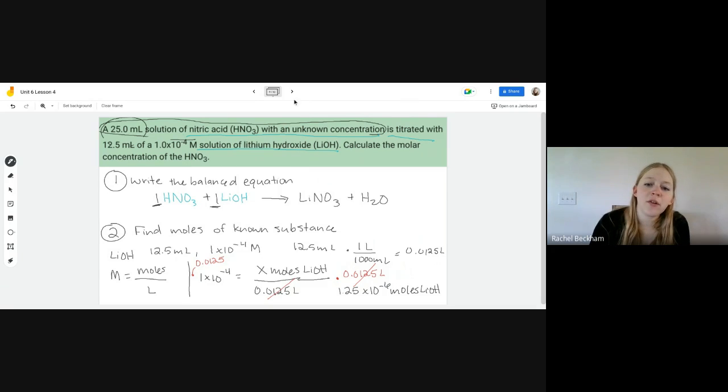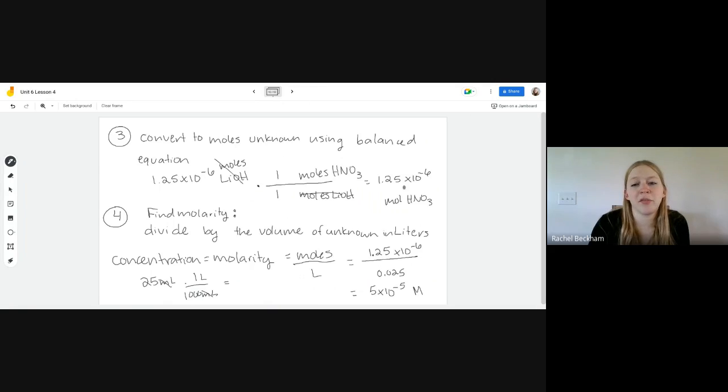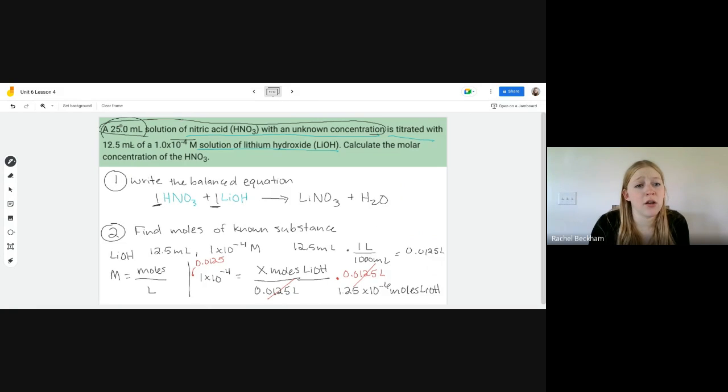And then you convert the moles of your known substance to moles of your unknown substance, which typically is the same. Like typically it's a 1-to-1 relationship. And then you take those moles and divide them by the volume of your unknown. And they will always give you the volume of your unknown. And they will basically always give you this information as well. So it's going to be in this formatting every time. Just make sure you read it carefully and kind of parallel with this example problem here.